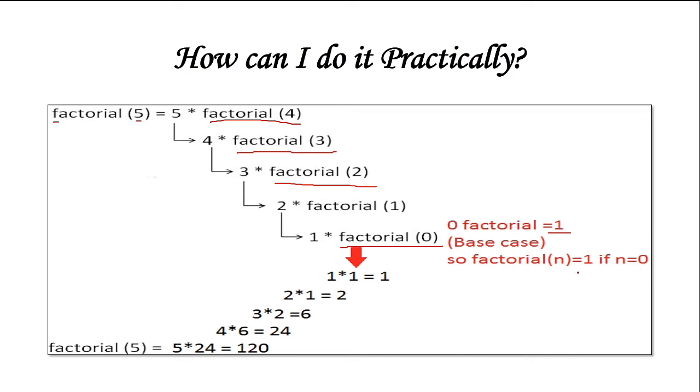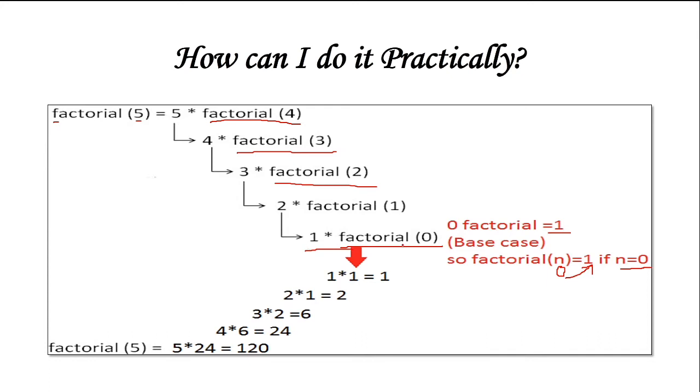So factorial of n is equal to 1 if n is equal to 0. That means when you reach factorial of 0, you are going to wind up by assuming factorial of 0 is equal to 1, and that value you are going to assign to this particular step.